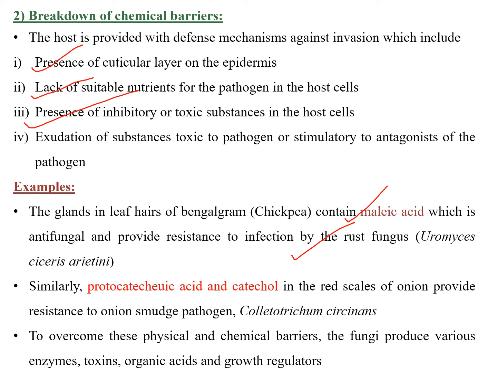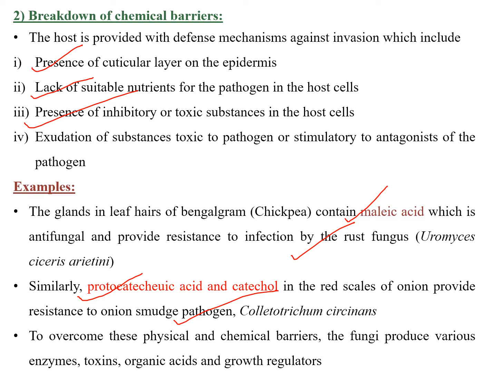If you take the red onion, it contains red scales, and these red scales contain the chemical compounds protocatechuic acid and catechol. These substances provide protection to the onions against the onion smudge pathogen, Colletotrichum circinans.